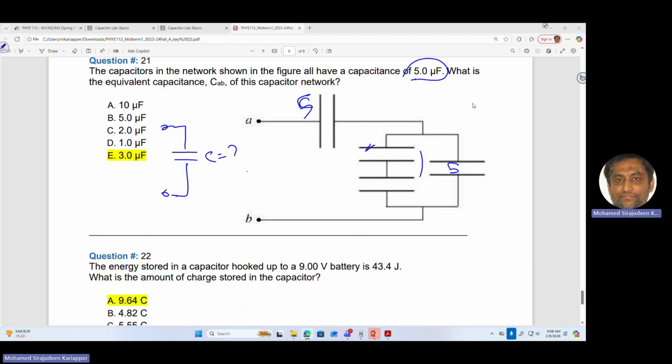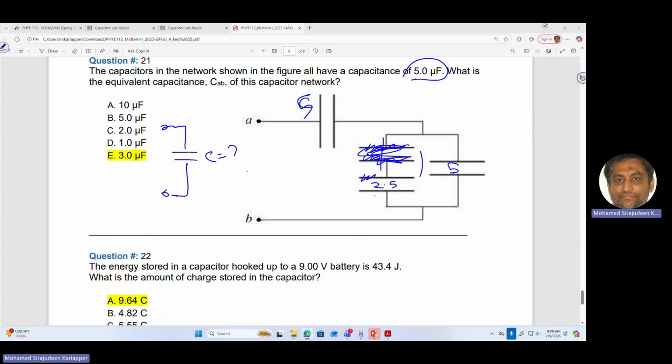I cancel these and get 5 and 5 in series. In series, it will be half of 5: 5 inverse plus 5 inverse, the whole thing inverse, 2.5. So I can replace these two by just one capacitor, which is 2.5.